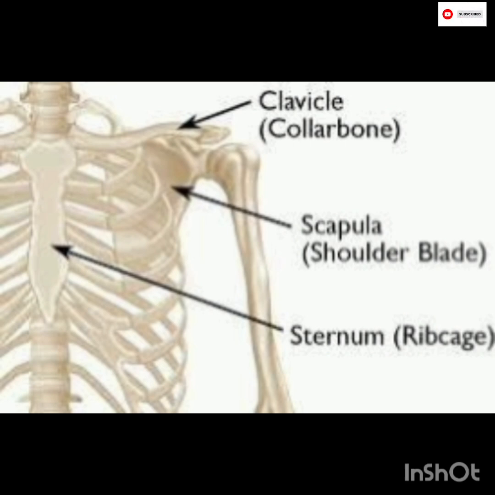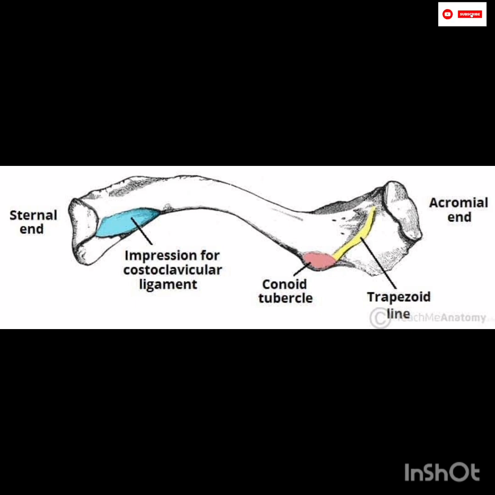Peculiarities of the clavicle. First, it is the only long bone that lies horizontally. It is subcutaneous throughout. Second, it is the first bone to start ossifying.